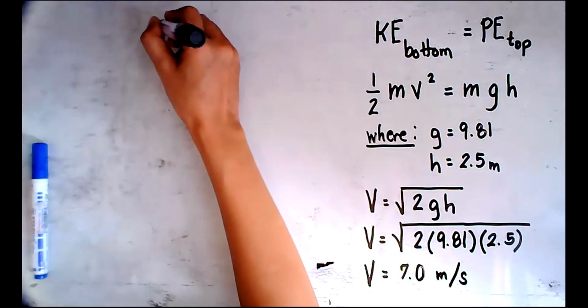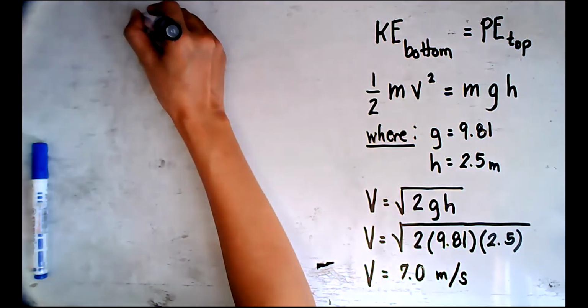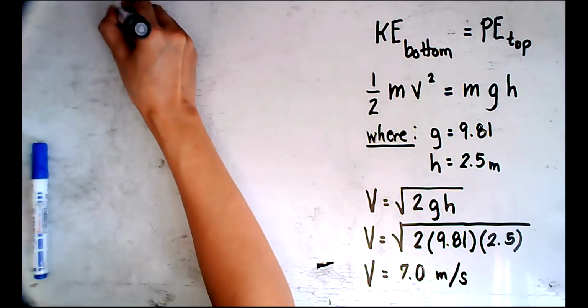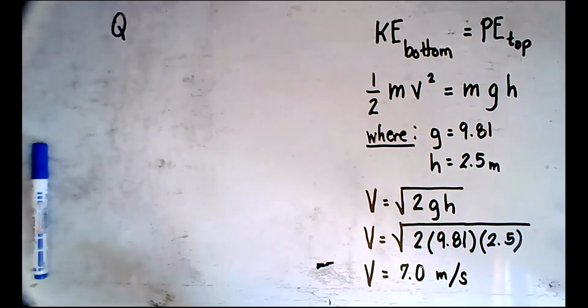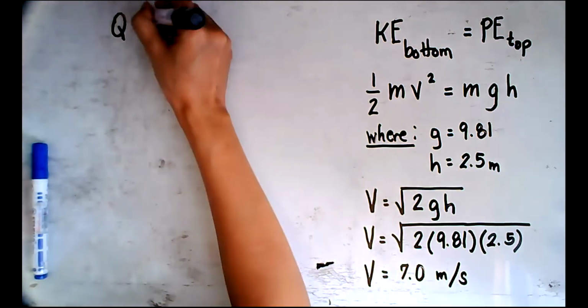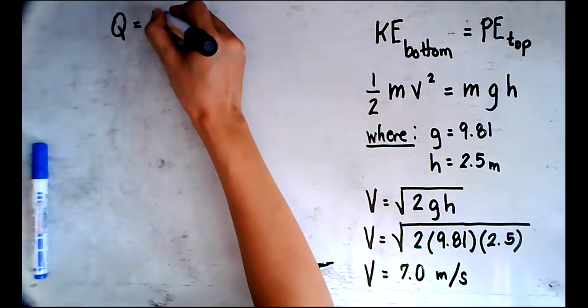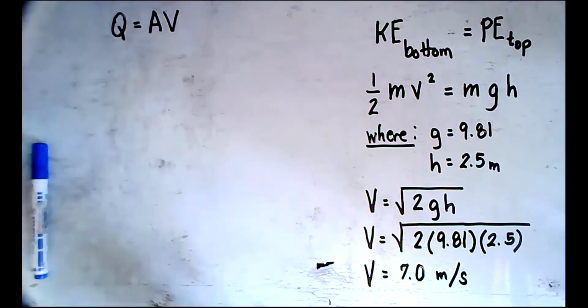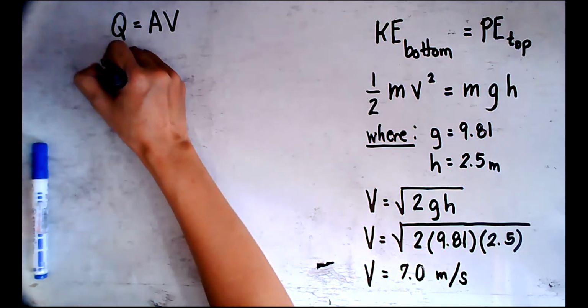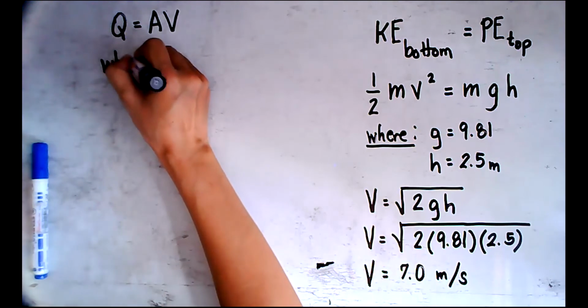By simply making use of the formula for discharge Q, which is equal to the product of A times V, wherein A is the area and V is the velocity.